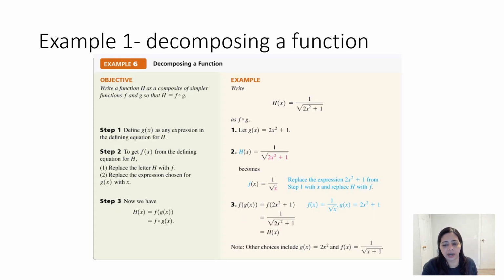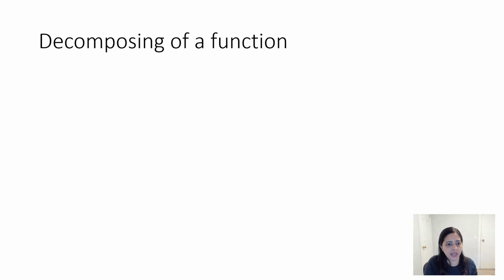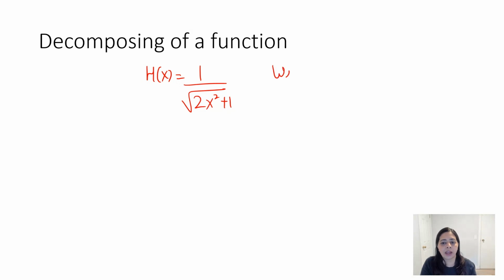So I'm going to rewrite this example. The solution is there on the next slide, but I want to first write it down here. That's the function which is given to you, and the question says to write the given function h of x as F of G of x. That means your task is to write this function as a composition of two simpler functions.